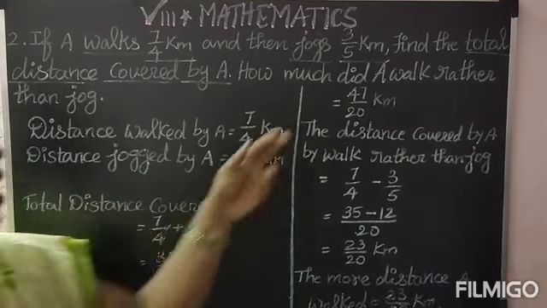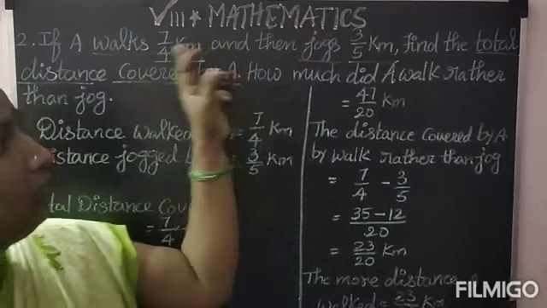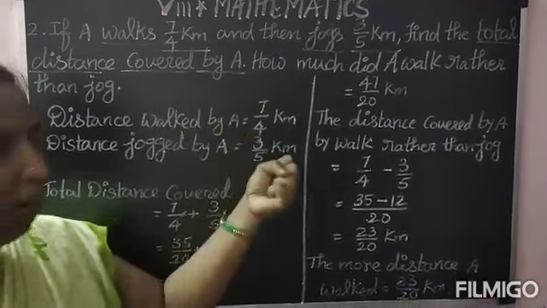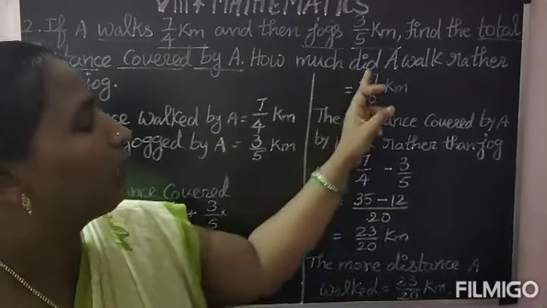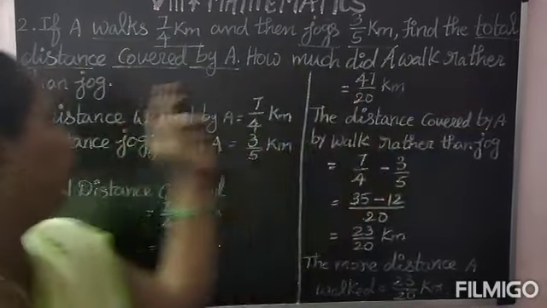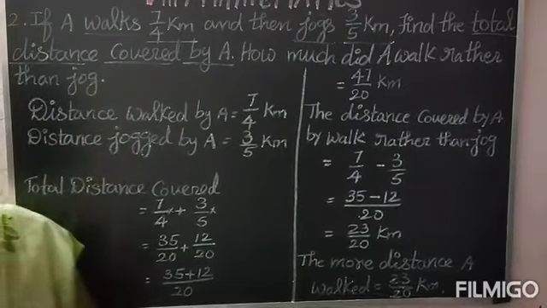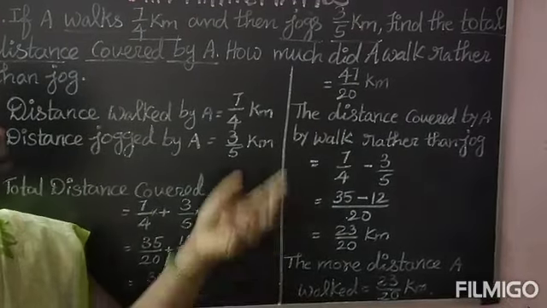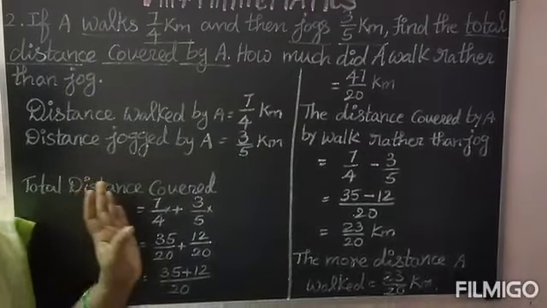Now what do you have to do? Add both, the distance walked and the distance jogged. We are going to add both. And then, how much did A walk rather than jog? Rather than jog, how much more distance A covered by walking, we are going to find. Is it clear?